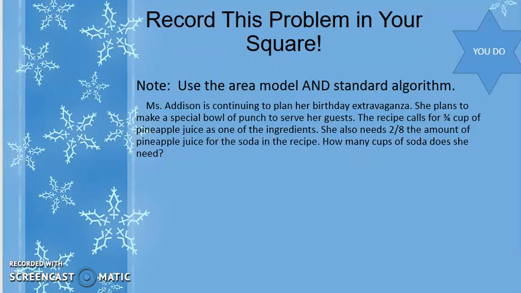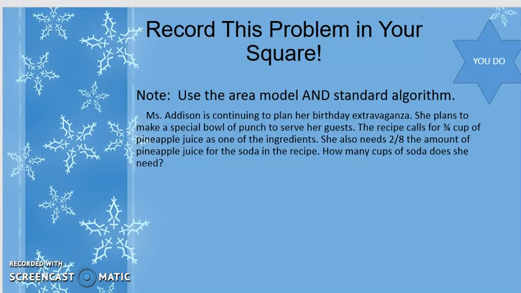Okay, and we're back. So for Miss Addison's party, she's making a punch. We know we have 3/4 cup of pineapple juice, and we need 2/8 of the amount of pineapple juice for the soda in the recipe. And we want to know how many cups of the soda does she need.